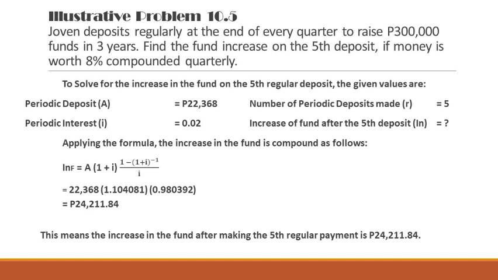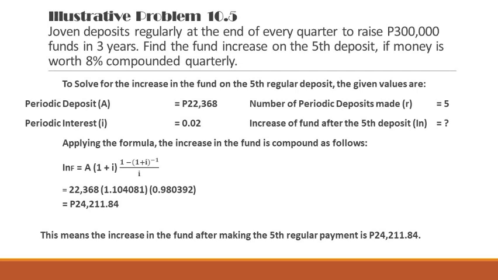Illustrative problem 10.5. Joven deposits regularly at the end of every quarter to raise a 300,000 pesos fund in 3 years. Find the fund increase on the fifth deposit if money is worth 8% compounded quarterly.